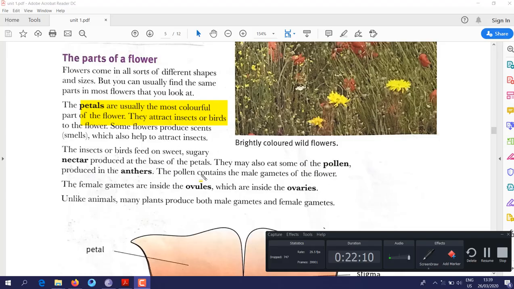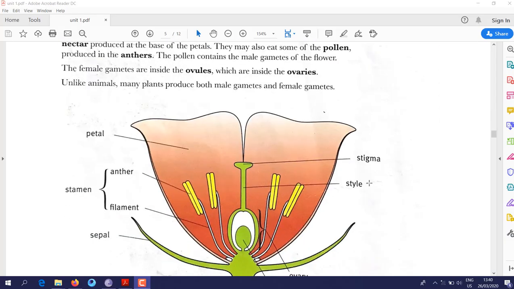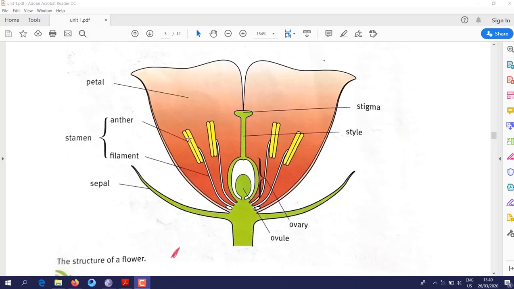Pollen, what do we mean by pollen? It's the sex cells, the reproductive cells of the plant. These pollen are produced in the anther. Here, this part, the anther.